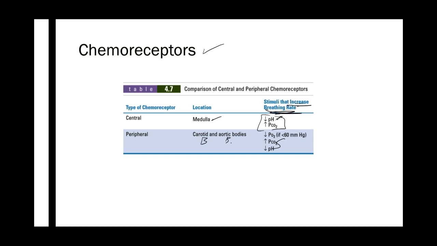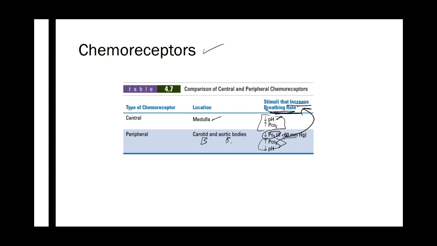The peripheral chemoreceptors respond to the same thing, but they can also respond to a decrease in PO2 if it's less than 60 millimeters mercury. And this is good, in the peripheral nervous system, where the systemic circulation is, that it can sense a decrease in PO2 and tell our lungs to increase the breathing rate.